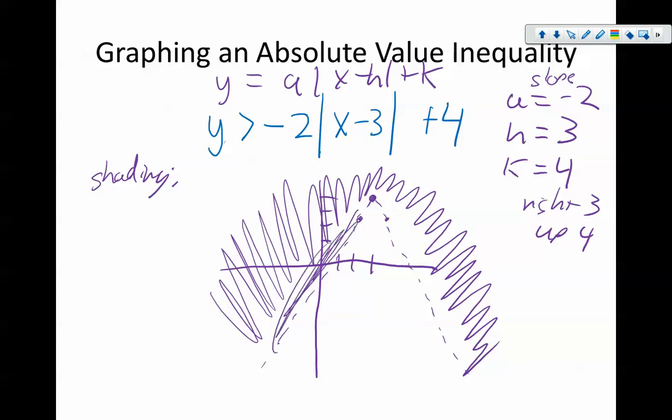Everything above the absolute value, even this area really close here that I can't quite get to. Okay? So, again, same idea. The lines are the same. We're still graphing lines the same way. The only thing we're adding on there is the shading. Which side is the true statements? Okay?